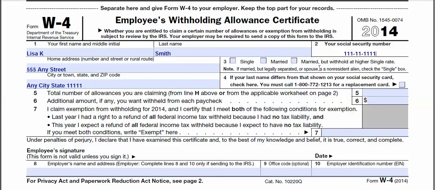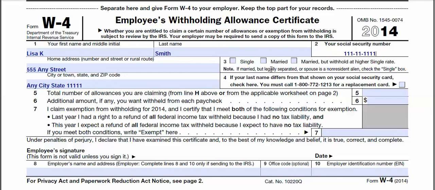Basically what that means is if you are married but you and your spouse are filing separate tax returns, so you file as married filing separately, then you would want to go ahead and check this box. Maybe you are separated from your spouse, but you are legally married, then perhaps that would be a box you would check. So one way or the other, you would maybe think about that.